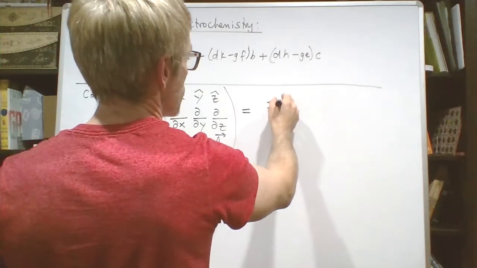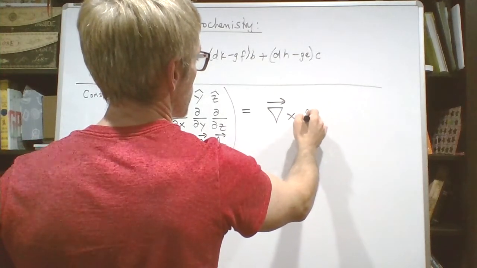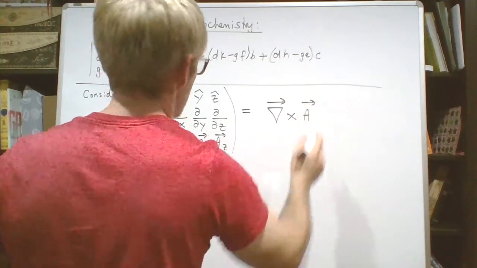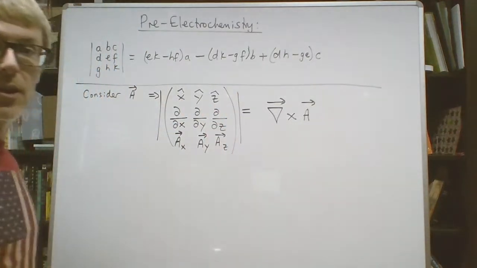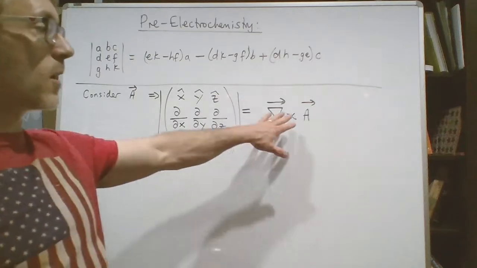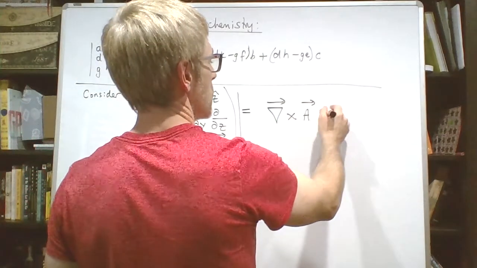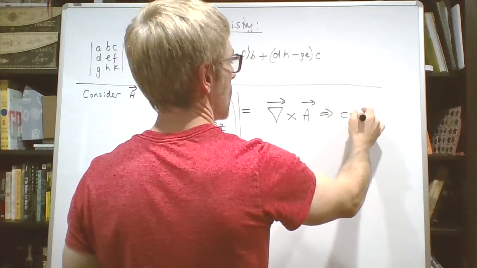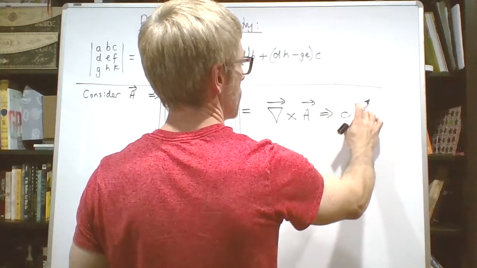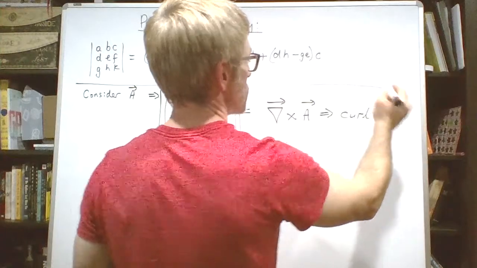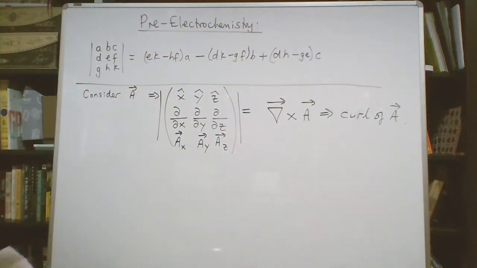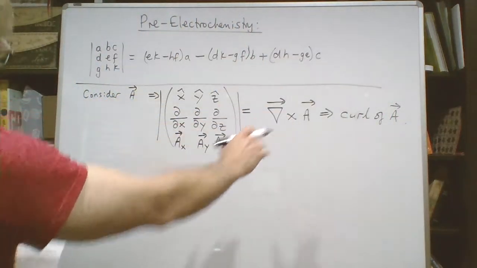It's going to be the curl of A, right? So if I take the determinant of this matrix, that's going to give me the curl of A. Okay? The curl of potential A. Okay, so let's actually use our template to execute this.